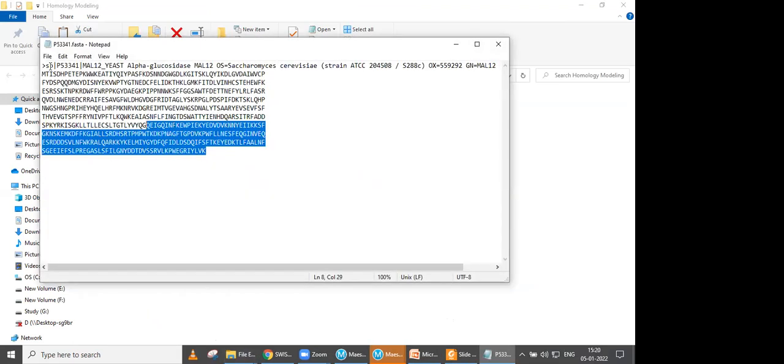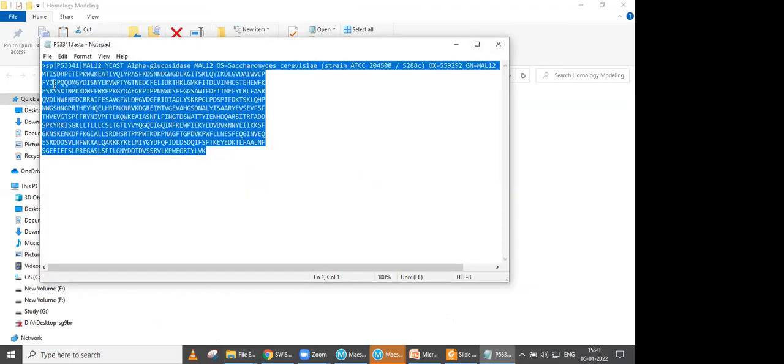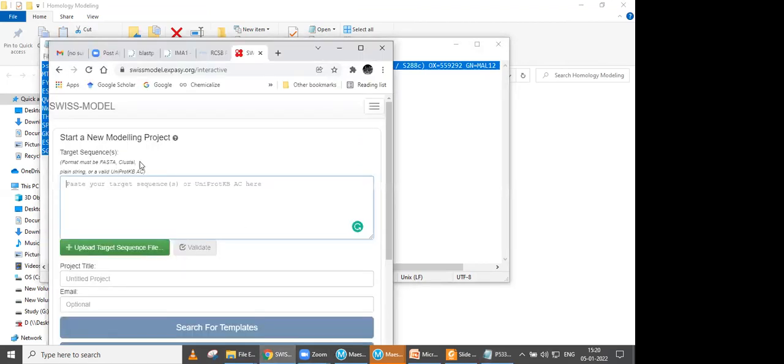This is the query sequence. Copying the sequence and pasting it in the Swiss Model server.